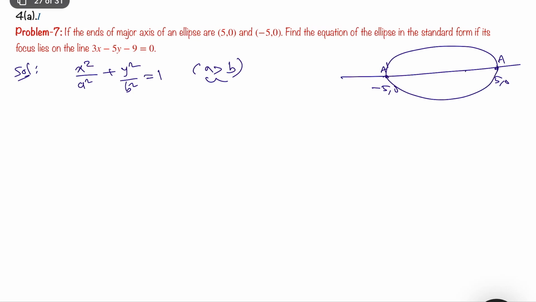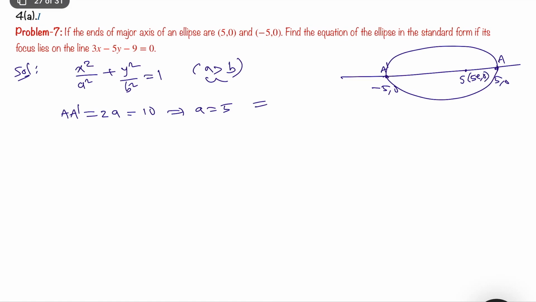Okay, if you say this is a focus S, what will be S coordinates? First of all, the major axis length A dash A equal to 2a, that is going to be 10, that implies a equal to 5. So this S coordinates must be 5e comma 0.